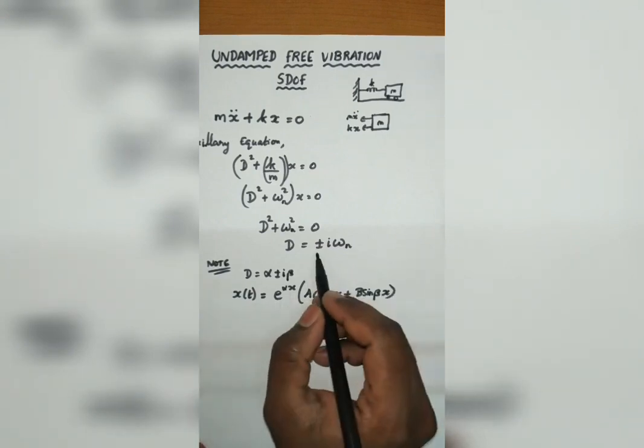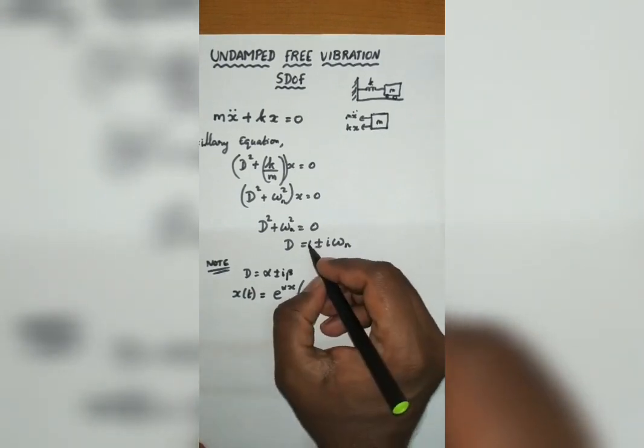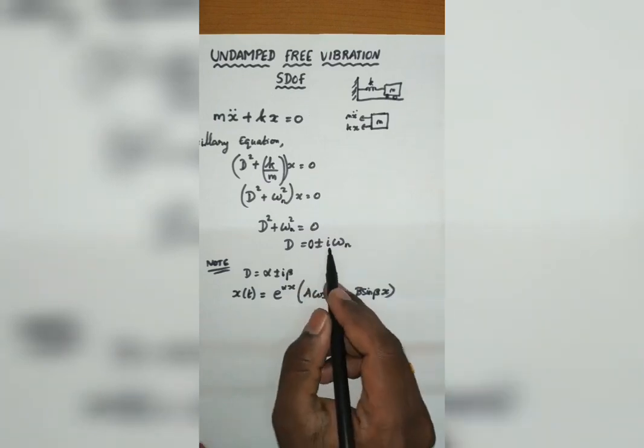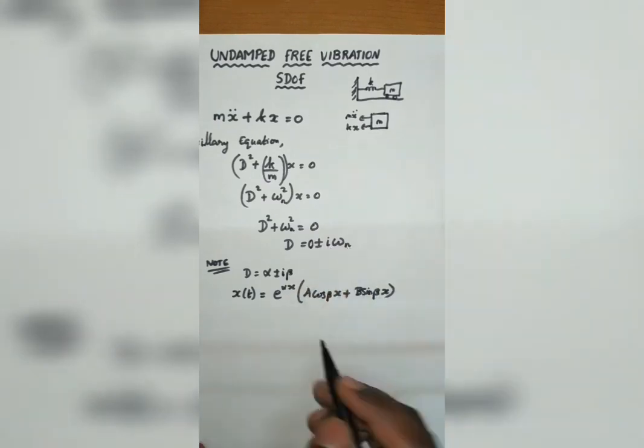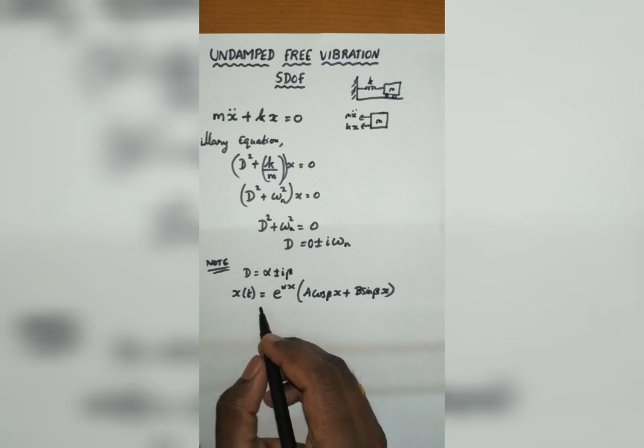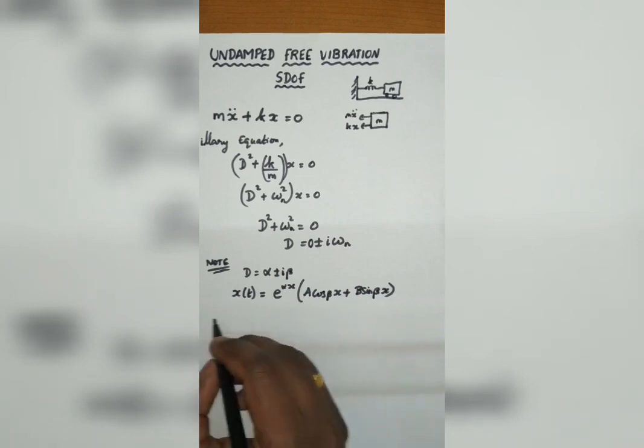Here alpha is 0, there is no value here, and beta is omega n.